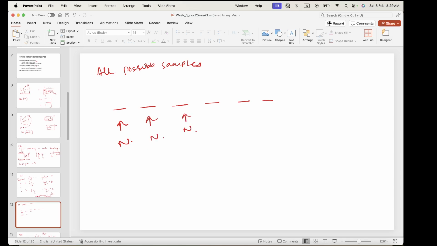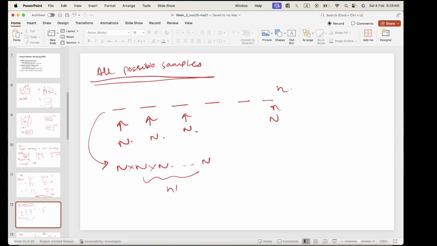In this place I could have either of the n units. Similarly, at the nth place I could have either of the n units. So total number of possible samples is actually n into n into n, n times. So all possible samples is actually n to the power n. And out of all possible samples, I am just selecting 1. So then my probability becomes 1 by n to the power n.